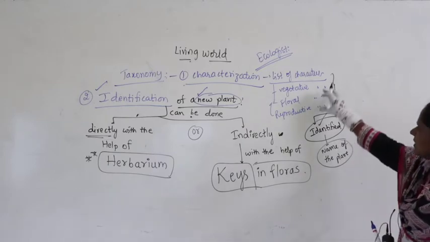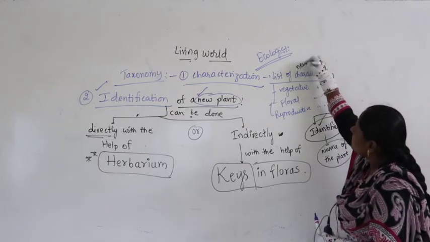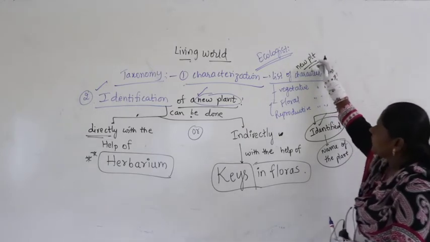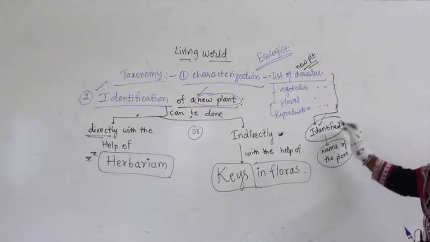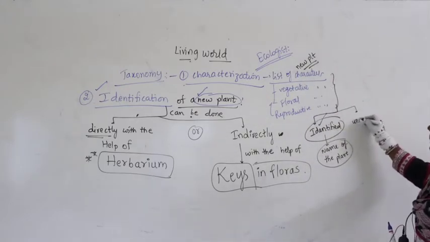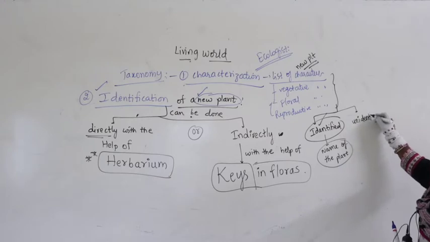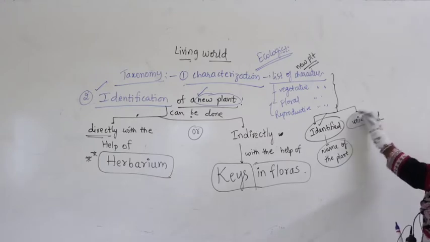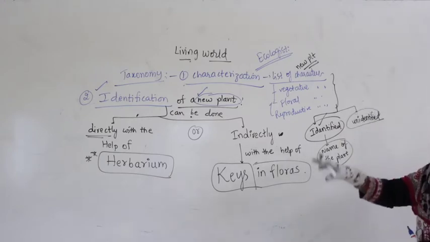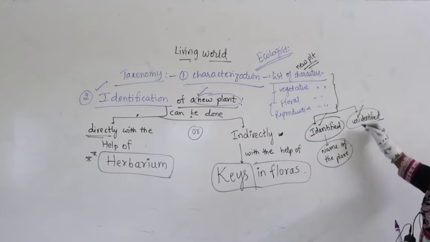Suppose these are the characteristics of a new plant, and they are not matching with any plant mentioned in the National Research Center, meaning the name of the plant is unidentified.